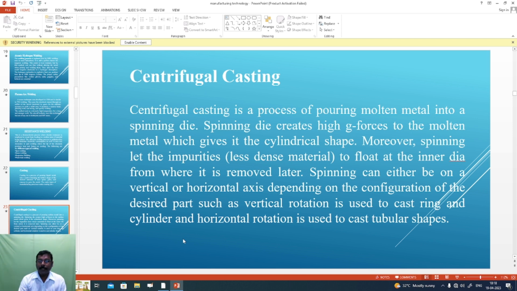Spinning can be on either a vertical or horizontal axis depending on the configuration of the desired part, such as vertical rotation is used to cast rings and cylinders, and horizontal rotation is used to cast tubular shapes.